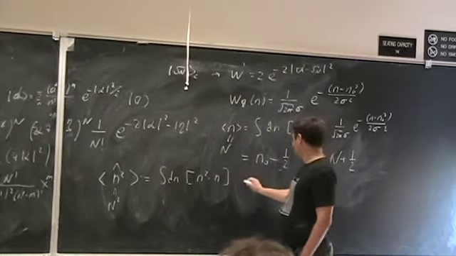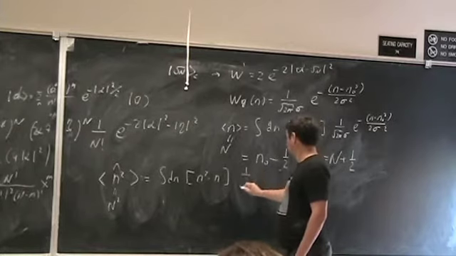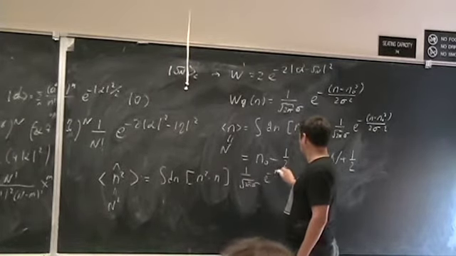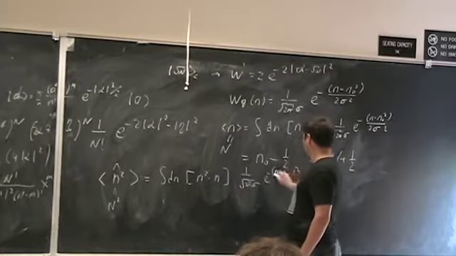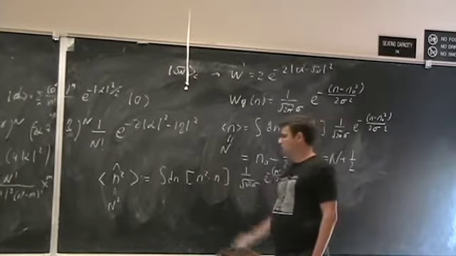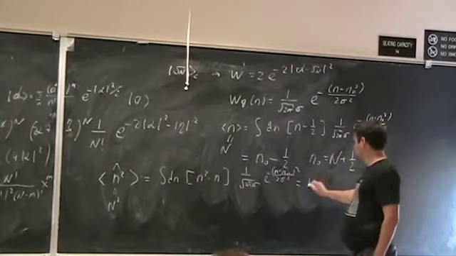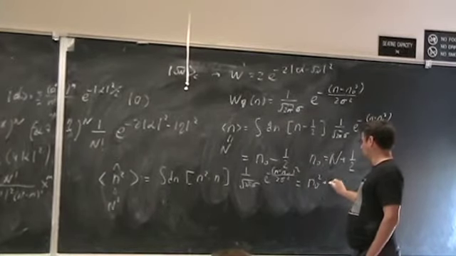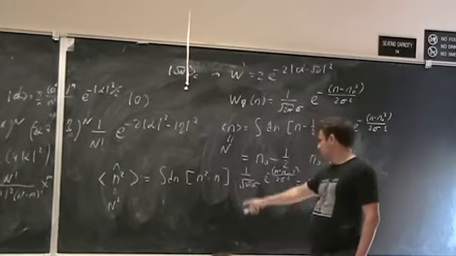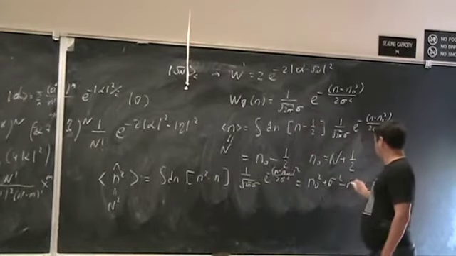And then we have again our Gaussian. Well, we know what's the expectation value of n squared. It's just n naught squared plus sigma squared, right? Mean squared plus variance. And for n we have just n naught.